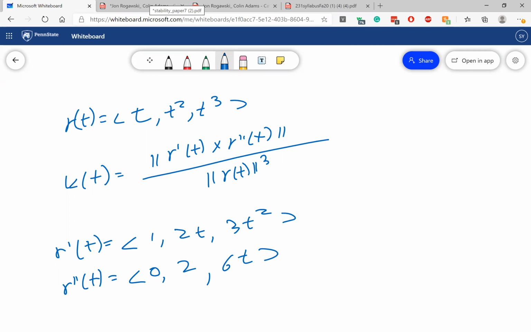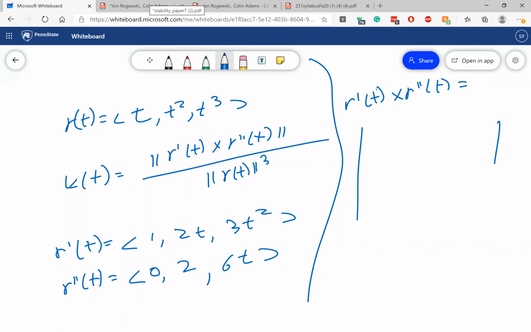Okay, so now r prime of t cross r double prime of t is going to be equal to the determinant of the matrix i, j, k; 1, 2t, 3t squared; 0, 2, 6t.